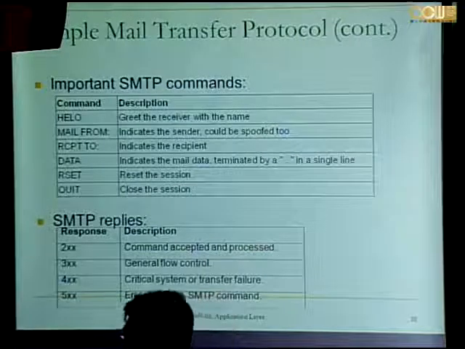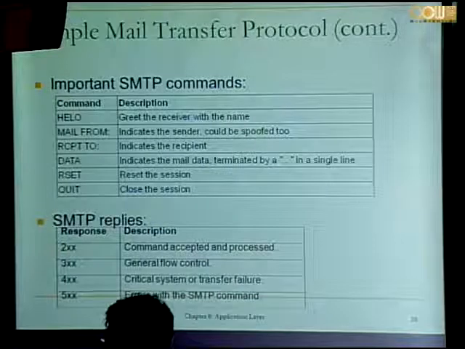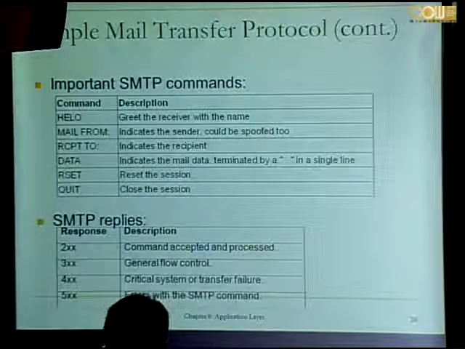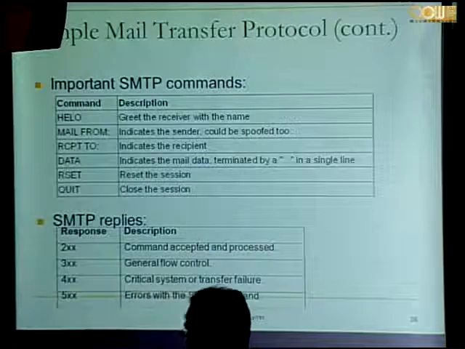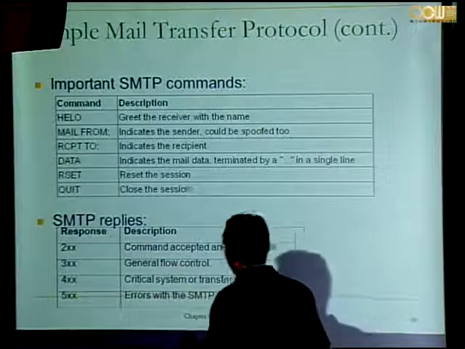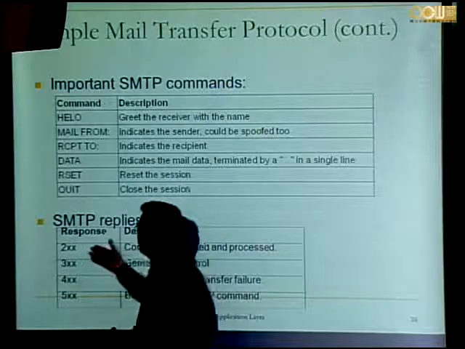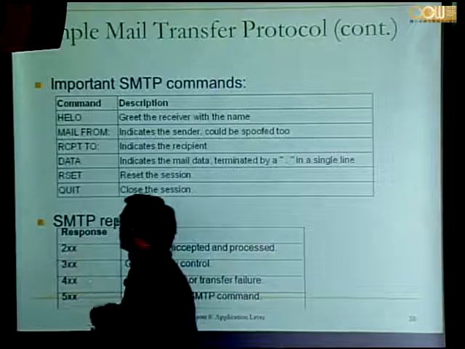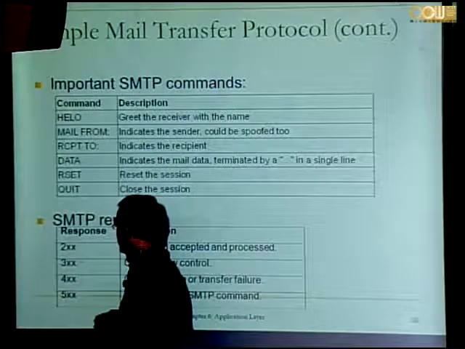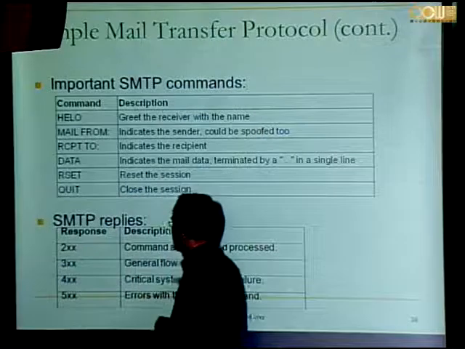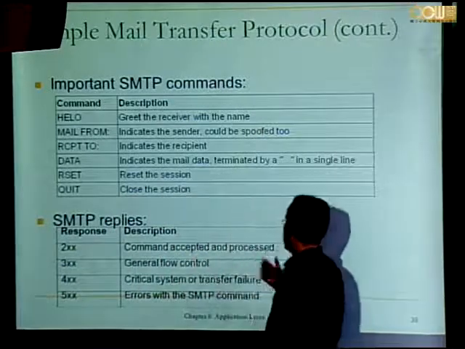So the code starting with two usually means it's a successful response. So if the request has been processed successfully, then the server will respond with something like 200 or 250, okay, with a response code of this. So command accepted and processed.